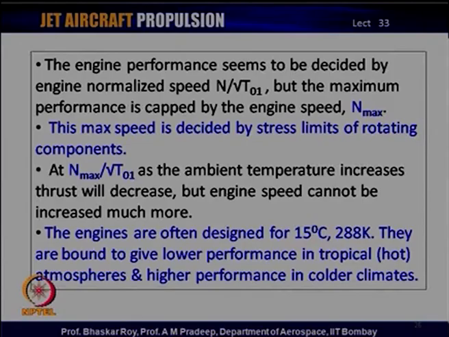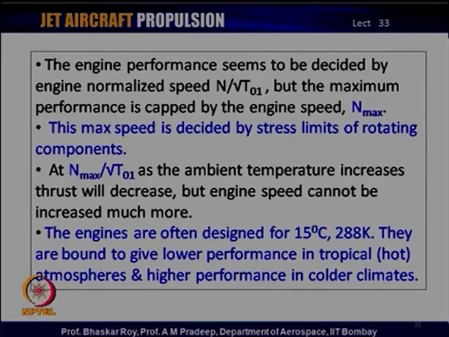But as the ambient temperature increases, this thrust will decrease and the engine speed cannot be increased anymore. Now, this is where the problem is. We know as the ambient temperature increases on a hot day or in tropical countries like India, the engine thrust starts falling. To compensate for that, the only way you can do that is to rotate the rotating components at a higher speed to increase mass flow and to increase the engine performance.